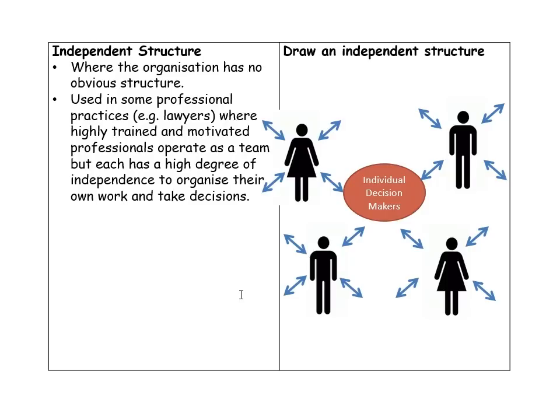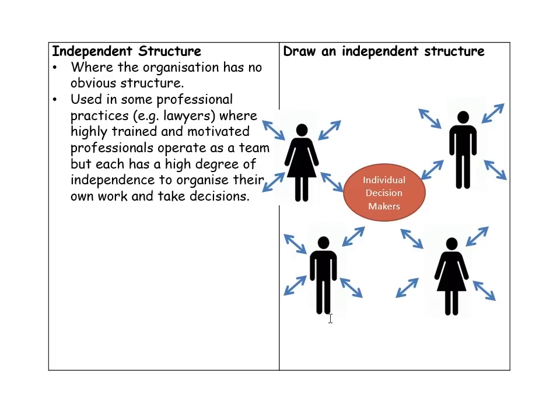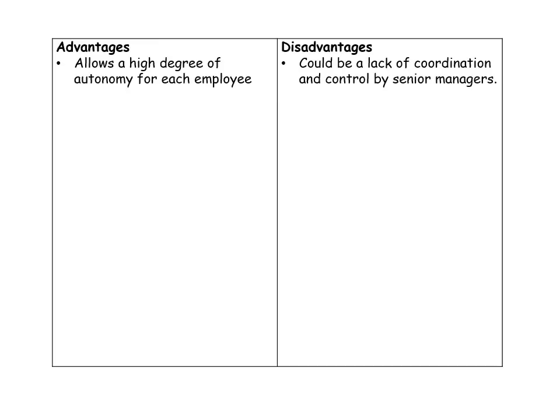But there's no clear leader. I suppose they're all leaders. And it allows a high degree of autonomy, so control over what they want to do for each employee. But there may be a slight lack of coordination if there's not one person saying, right, this is the way we're going to do it. And you may get disagreements between the different people as well.